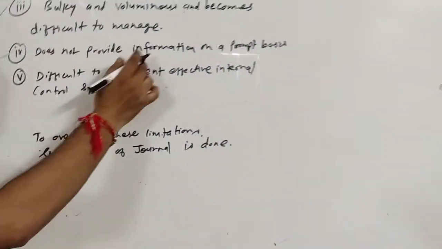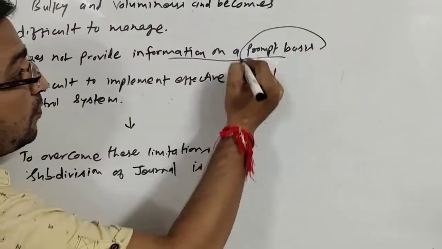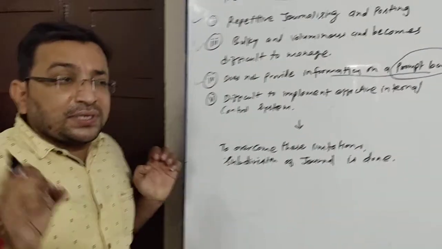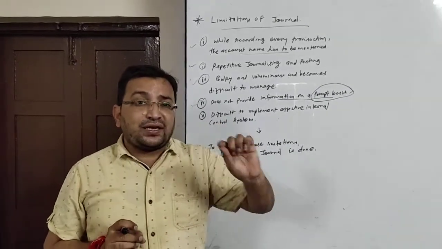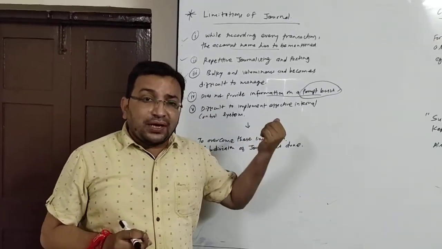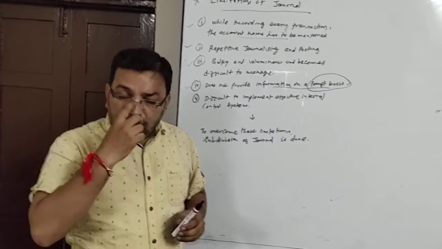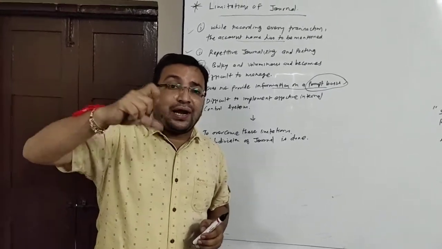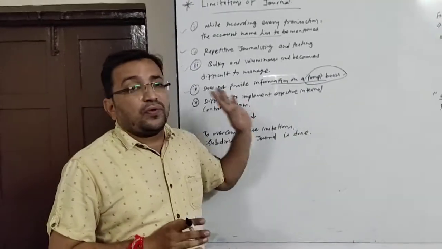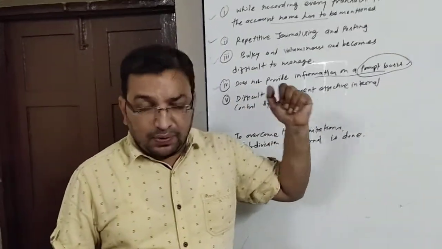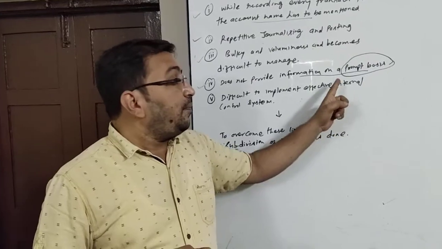Does not provide information on prompt basis. Prompt basis means at a glance, in a short period, if you want to know the status of any particular thing, suppose on a particular date you want to know your credit purchase till that date, you won't be able to know from journal. You will be able to know, but not on prompt basis.